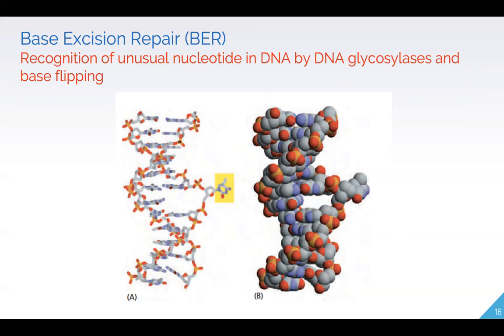This is thought of as a base-flipping scanning process, where each of the internally facing nitrogenous bases is flipped to the outside and scanned by these enzymes to make sure that they are perfectly fine, that there's no damage with them.